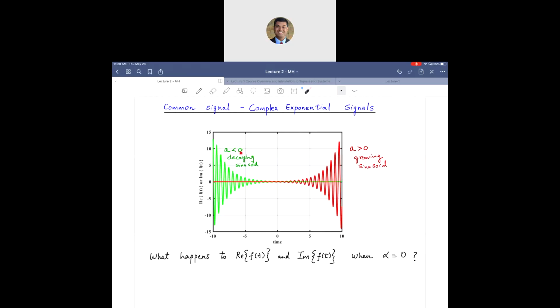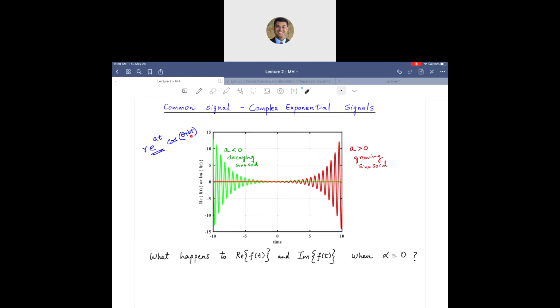Now, when a is less than 0, we had that real part or the imaginary part as r e to the at cosine or sine of (theta plus bt). So if a is less than 0, e to the negative 2t, e to the negative 5t, the envelope of this signal will be decaying, hence a decaying sinusoid. But you can also see that because of this cosine function, we have that sinusoidal aspect to that decaying sinusoid.